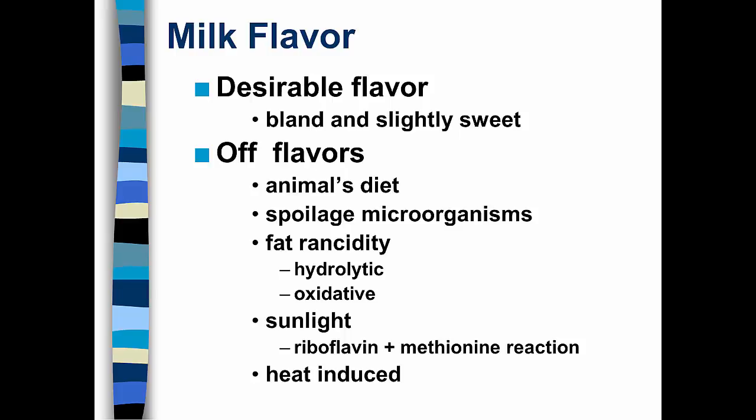We mentioned one earlier, and I can mention it again here because it is one of the main sources of the cooked flavor, and that's the breakdown of beta-lactoglobulin. Beta-lactoglobulin is one of the whey proteins. It contains some amino acids that have sulfur groups on them. With heat, some of those sulfur groups detach themselves and become volatile, producing what we call the cooked flavor in milk.